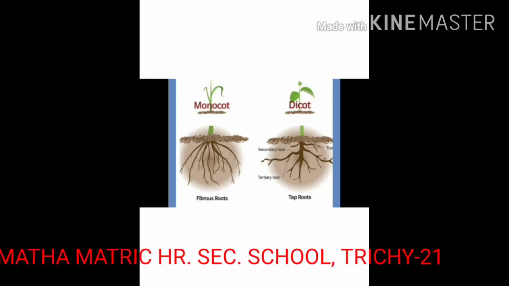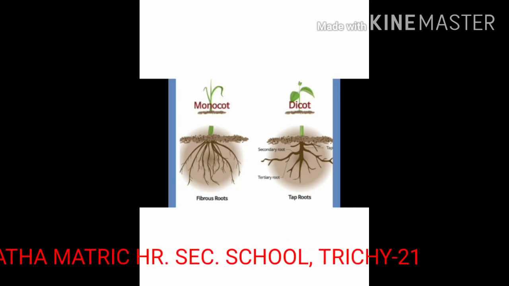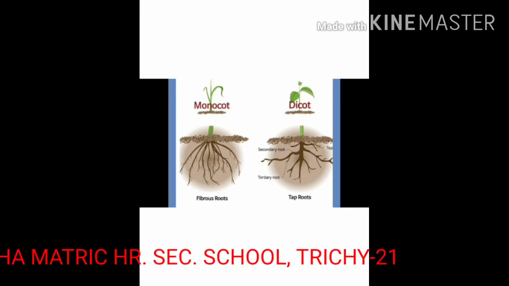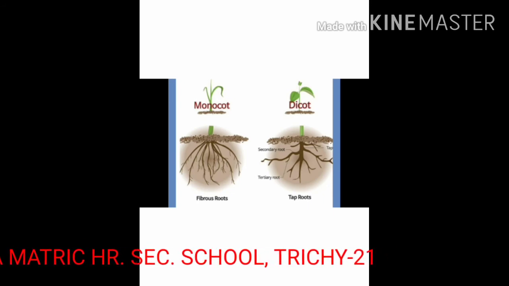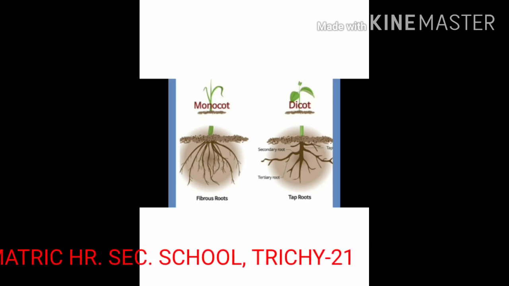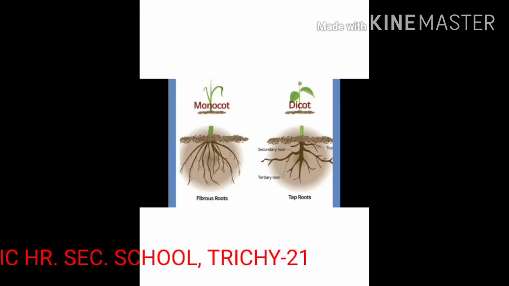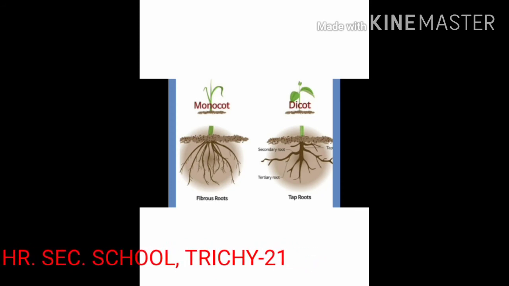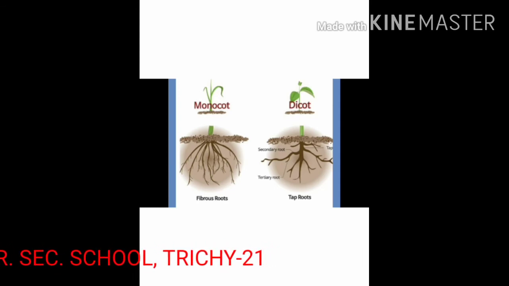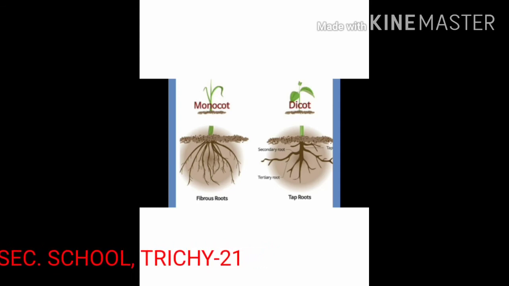Now let us learn what are monocot and dicot plants and what is the difference between them. Angiosperms are flowering plants. Monocot and dicot differ in their roots, stem, leaves, flowers, and seeds.